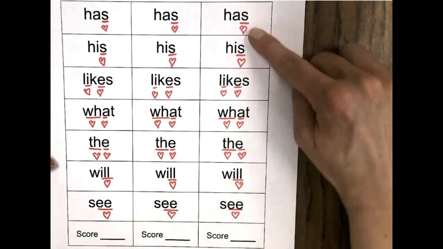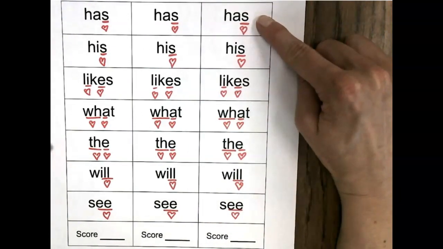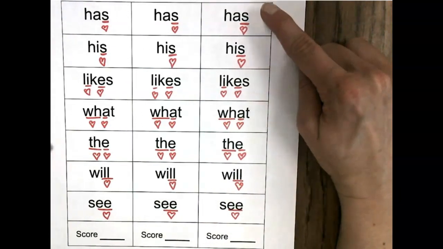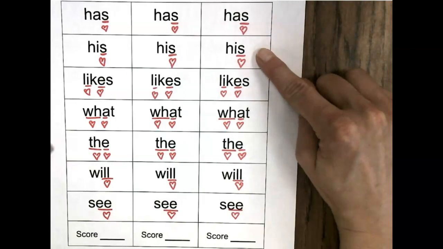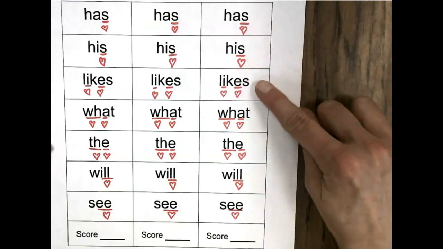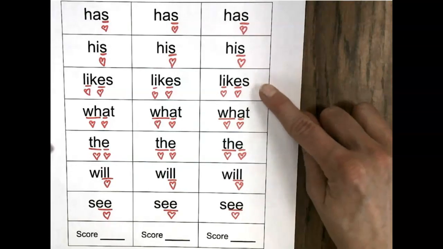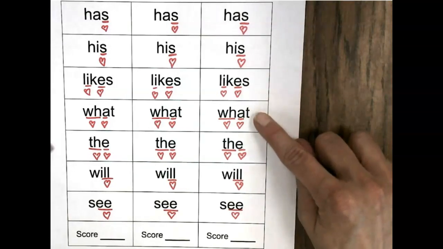Let's try this one more time and see if you can beat your score. Get ready and say the first word out loud now. Go ahead. Has. Next word. His. Say the next word. Likes. Say the next word.